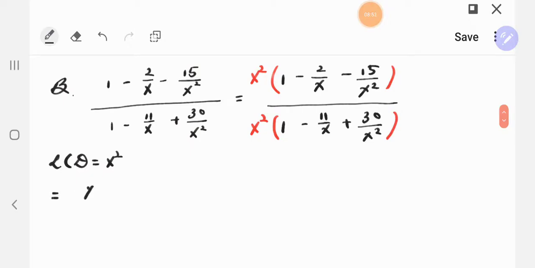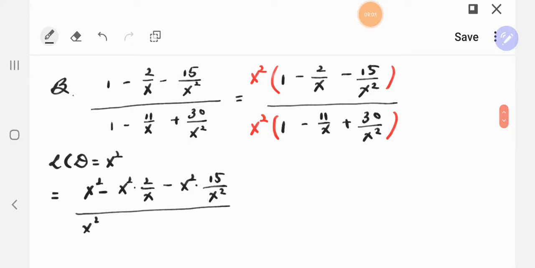So we have x squared minus x squared times 2 over x minus x squared times 15 over x squared. Then x squared minus x squared times 11 over x plus x squared times 30 over x squared.